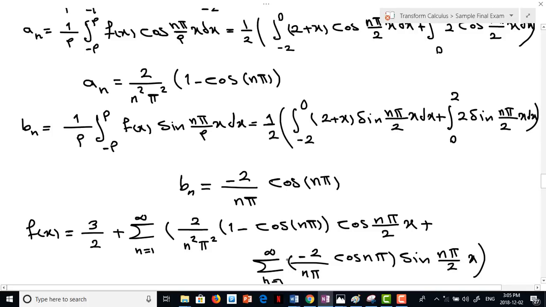So we have one parenthesis here and one parenthesis here. So we could solve part A of question number 3.